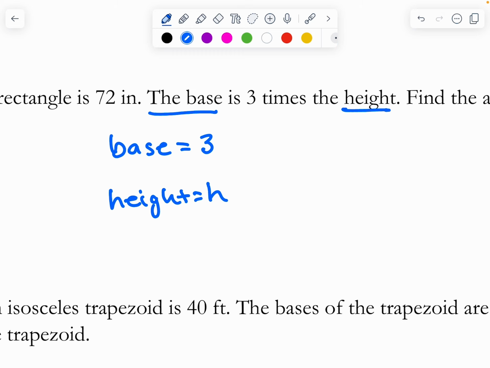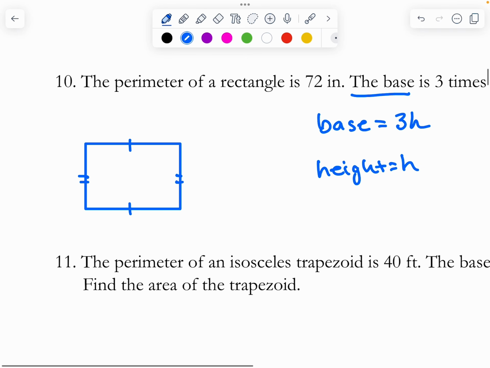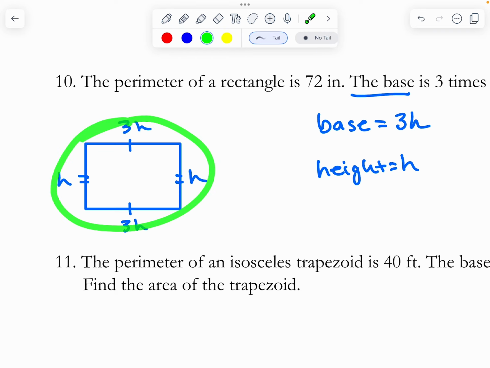If height is h, then base has to be 3 times h. I've got pretty much enough information now to solve everything. My height is h, my bases are 3h, and we know that my perimeter is all of these added up, right? It's my exterior line, and that's going to equal 72.